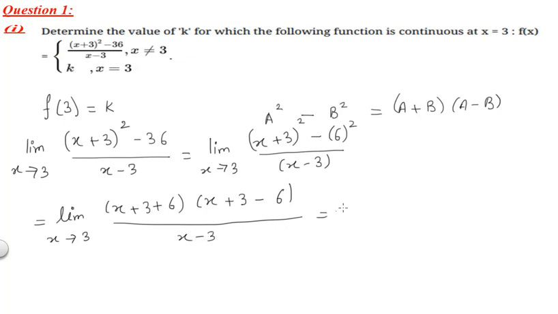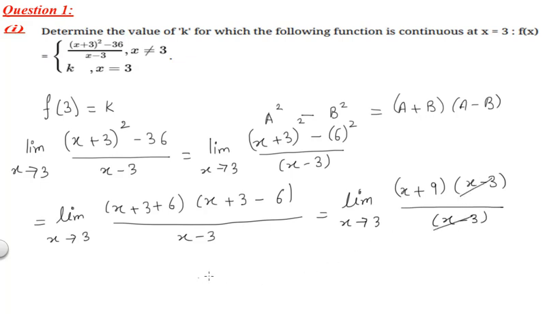Solving it, we get limit x tending to 3, x plus 9 from the first one, and in the second one we will be left with x minus 3. In the denominator also we have x minus 3. We can cancel x minus 3 with x minus 3. We are just left with x plus 9. Hence it is a polynomial, right?